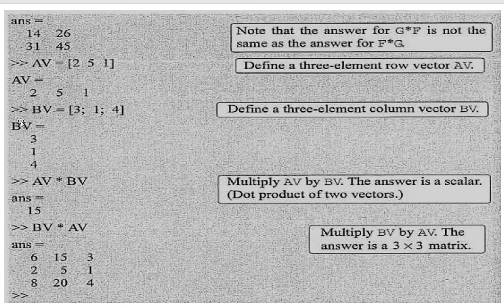So the number of columns in BV is 1 and the number of rows in AV is 1. So therefore we can multiply BV star AV. The resultant is 3 rows and 3 columns. So therefore the answer is 3 by 3.